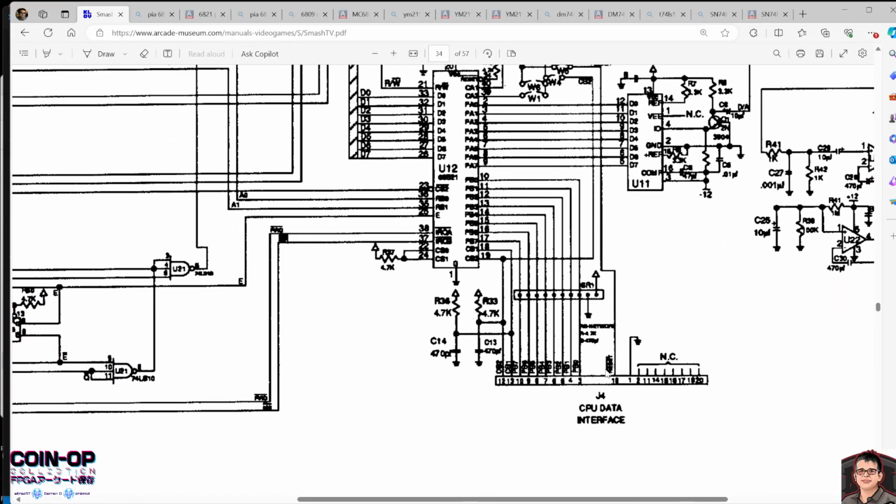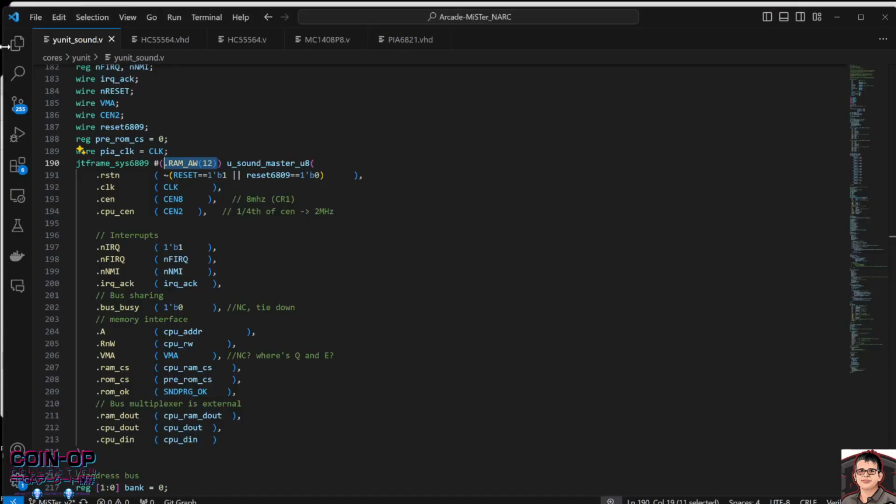So the actual main board of the CPU, through this talkback interface, determines when a reset is actually propagated, and that's why I have this reset 6809 one over here, and I've also added the global reset here. This is the global reset, and this is the actual one coming from the talkback interface.